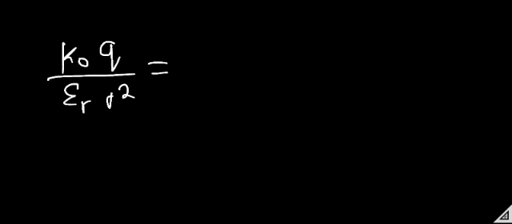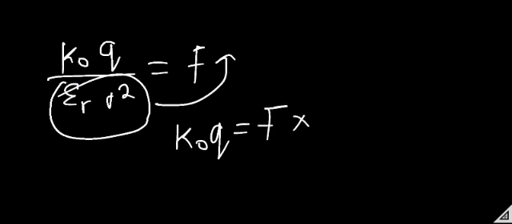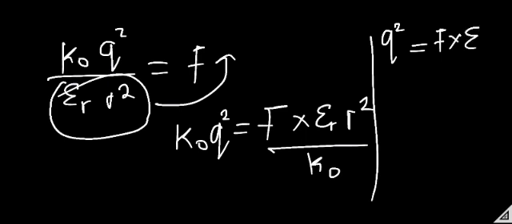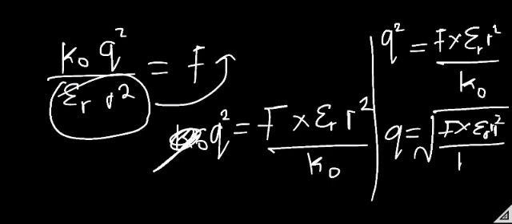ER R squared times F equals K naught Q squared, right? So if we move this thing to this side, then Q squared will be equal to F times ER R squared all over K naught.